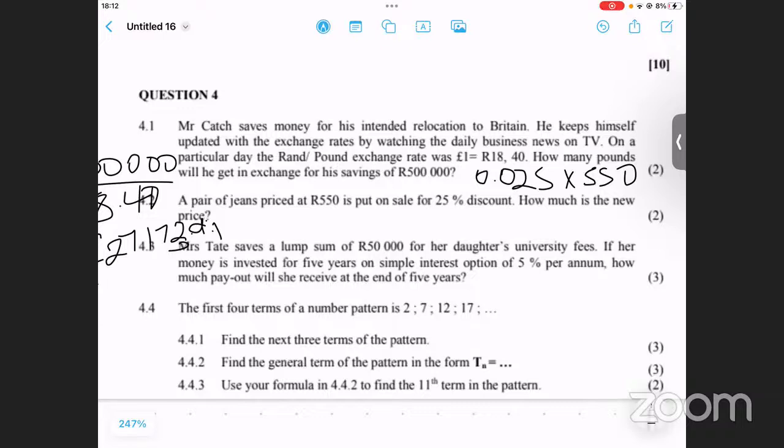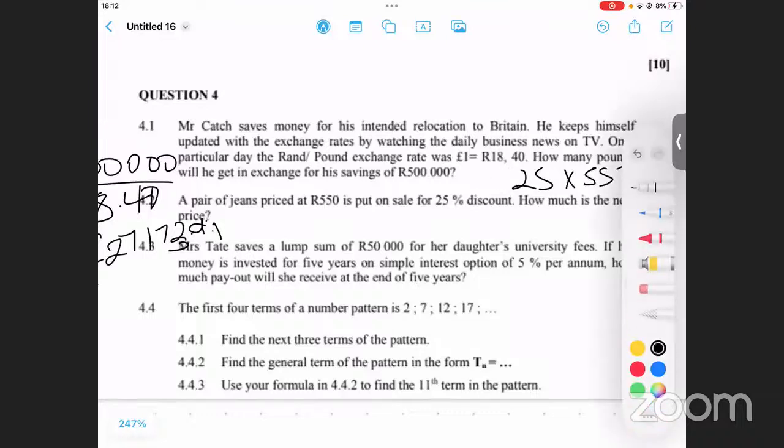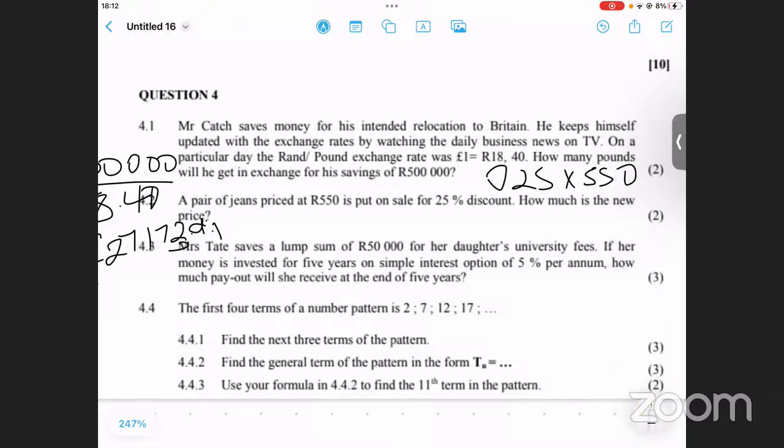Guys, 25 divided by 100 is 0,025. What kind of calculators are you guys using? Mine says 0.25. Yes, it's 0,25. I don't know how you guys calculate this, but 25 divided by 100 should give you 0,25.